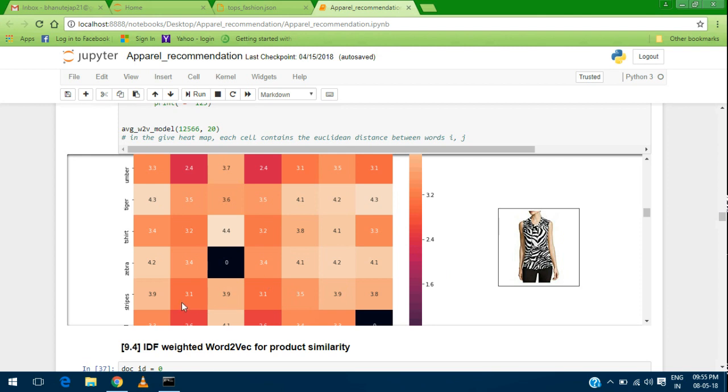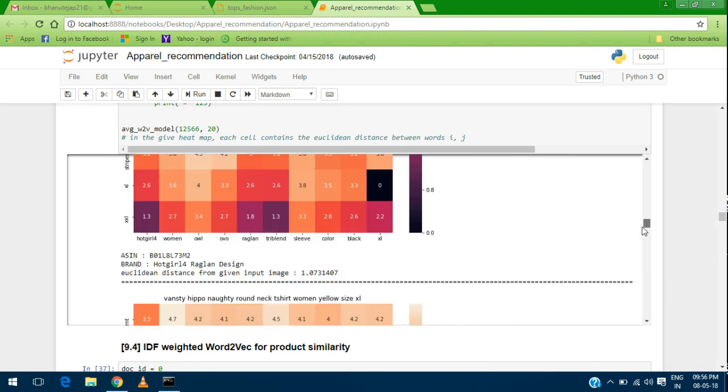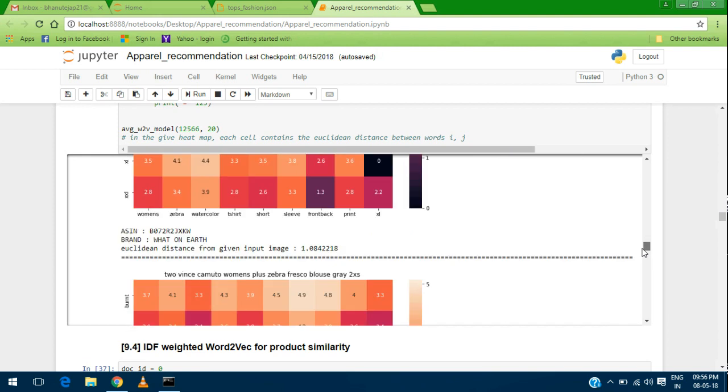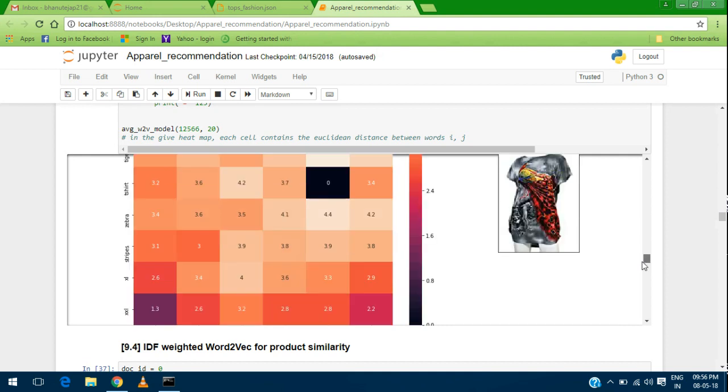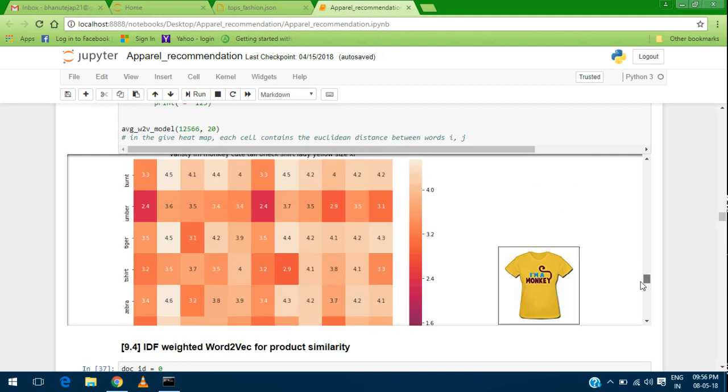So Word2Vec knows that stripes is related to zebra, and hence it gives this product as a recommendation. So these are the products which we get in Word2Vec.